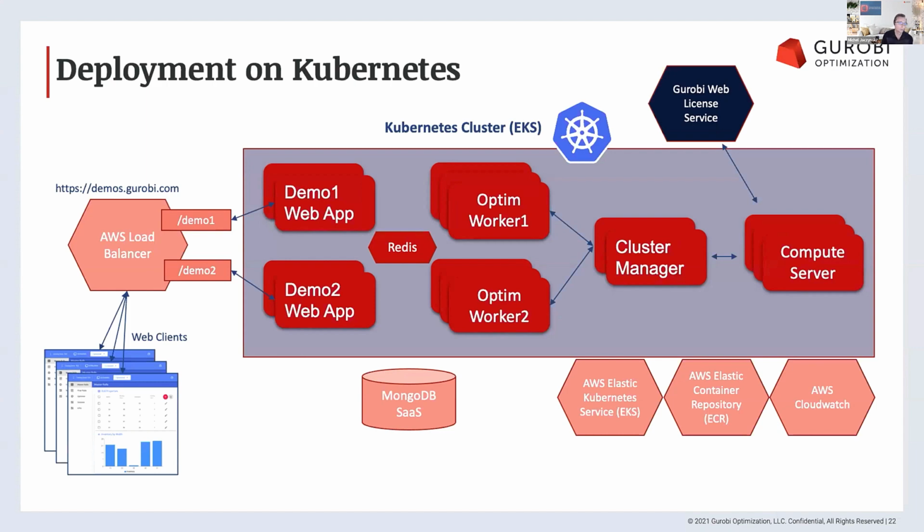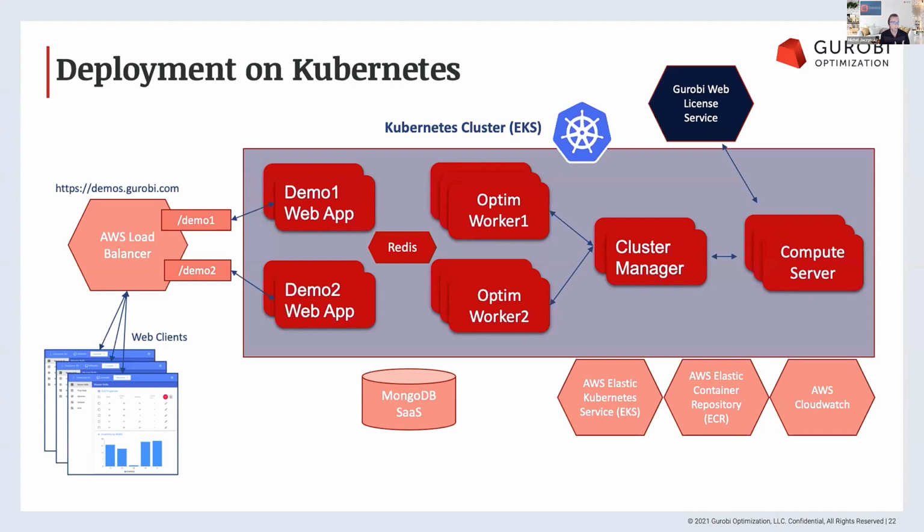From the left, you have a web UI where you have your application that is running. Each application or each demo is different. And in front of our environment, we have a load balancer that will route the different demos to their web application containers.